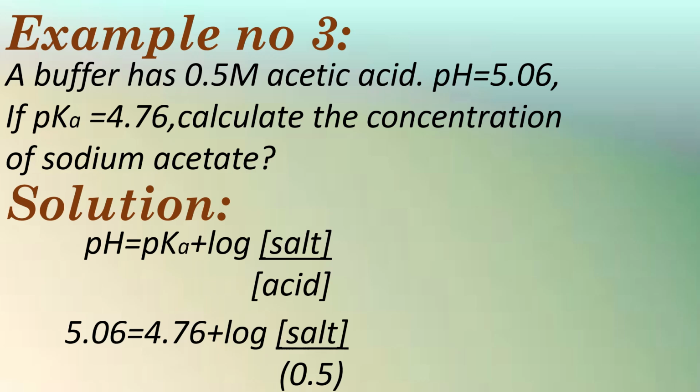Solution, we will apply the same formula that I have applied earlier. pH is equal to pKa plus log salt upon acid concentration. We will write down pH 5.06 is equal to pKa 4.76 plus log salt upon acid concentration, 0.5.